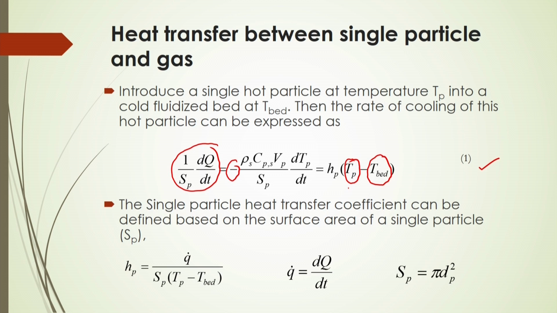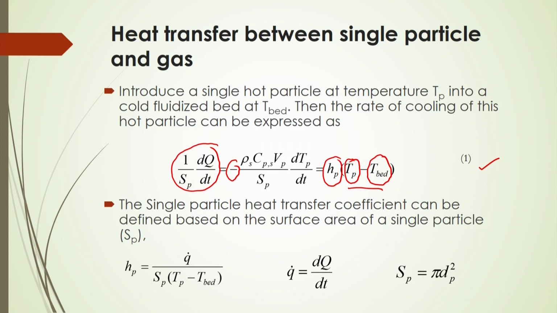This is the driving force of the heat transfer, and the rate of heat transfer will be proportional to this temperature driving force, and this proportionality constant is called the heat transfer coefficient.